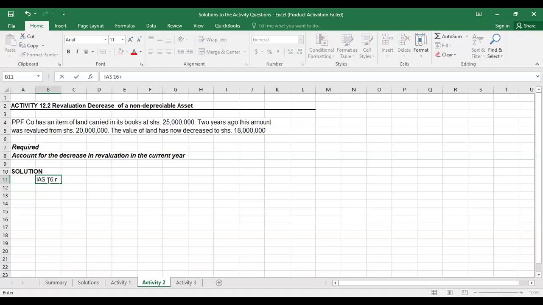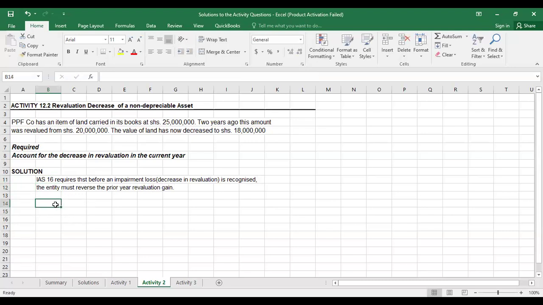IAS 16 requires that before an impairment loss, or decrease in revaluation, is recognized, the entity must reverse the prior year revaluation gain. So this is the opposite of what we've done before.